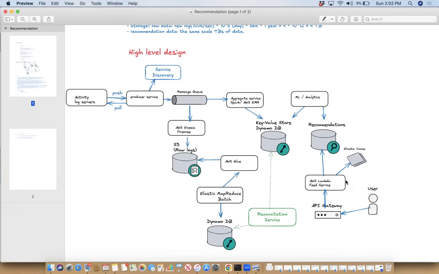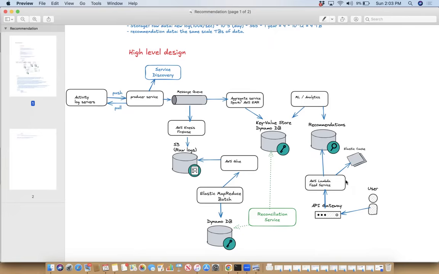However, in this design, for reliability purposes, we have added another batch lane as well to make it more fault tolerant. Because let's say if a streaming service doesn't work for any reason and fails, we want to also store log events, the raw data, in order to be able to recreate recommendations in batch mode from raw data.